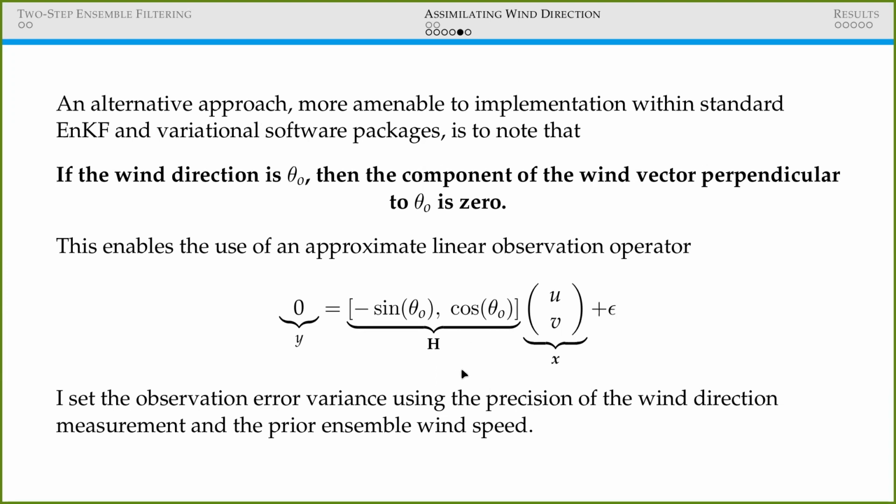So with this linear observation model, you can apply whatever variational method or EnKF you want. I do have a recipe for how to set the variance of the error in this model, but for the sake of time, I will not go into details on that.